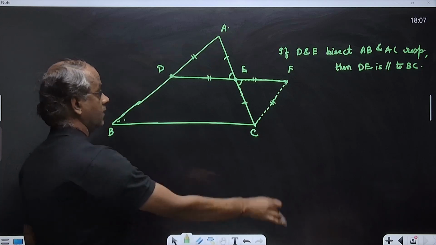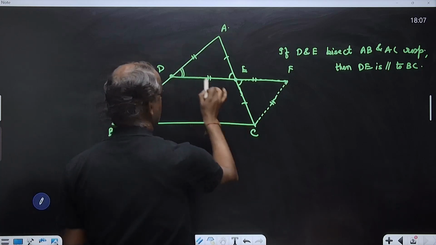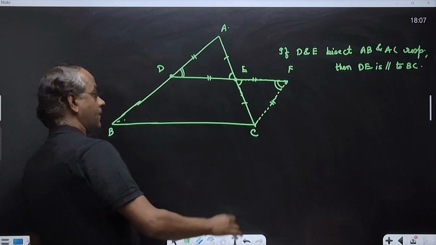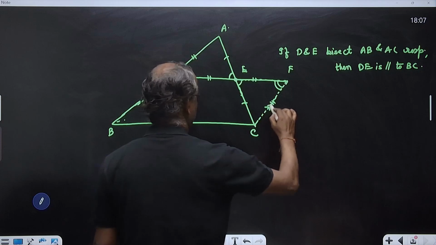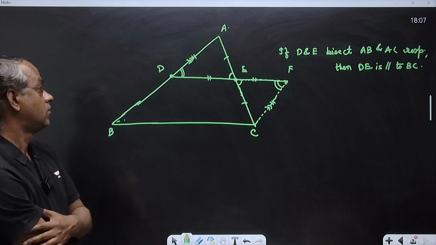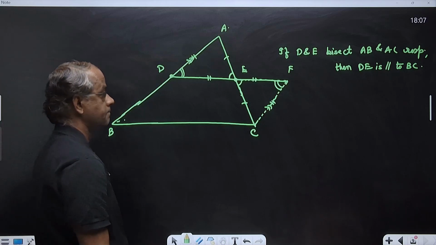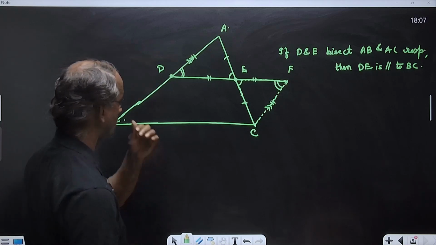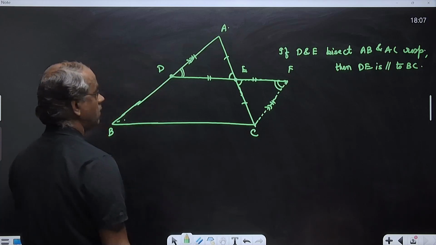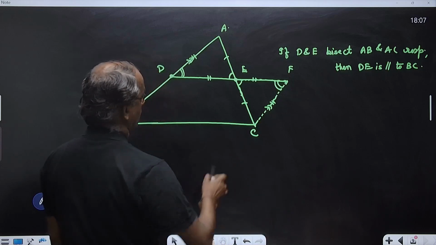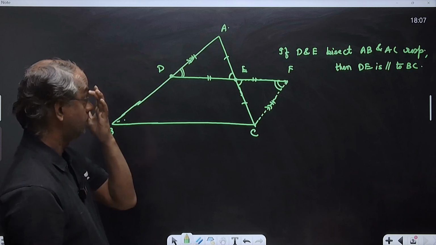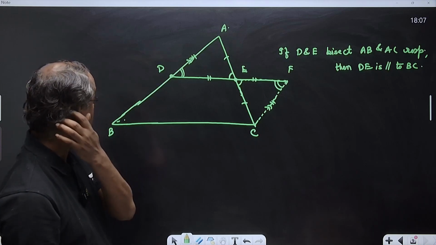Why? Because this angle will be equal to this angle by congruence. So these two are therefore parallel. How come these angles are equal?